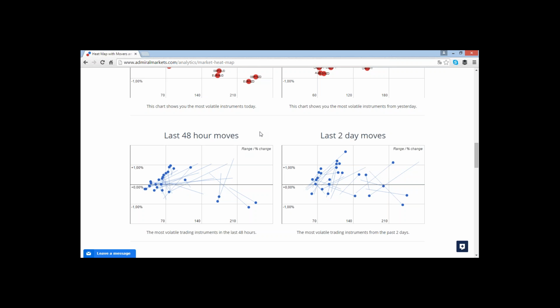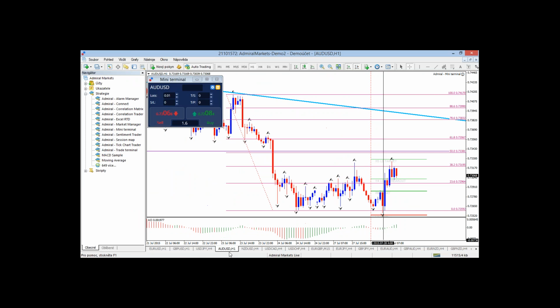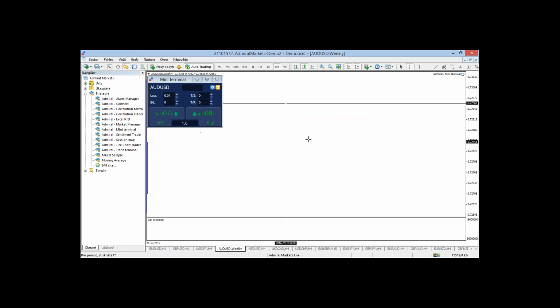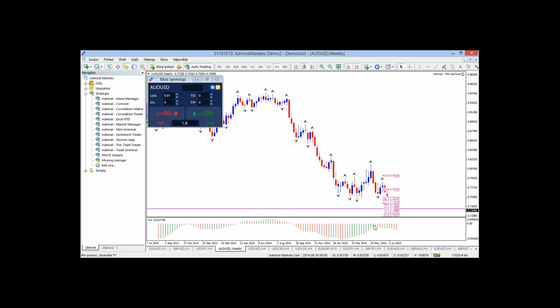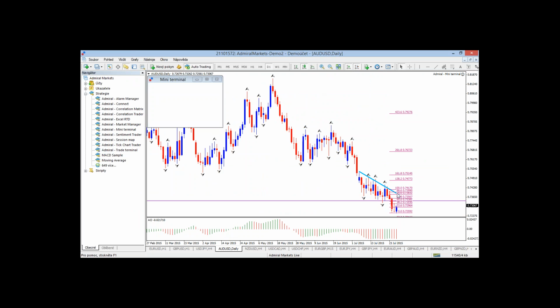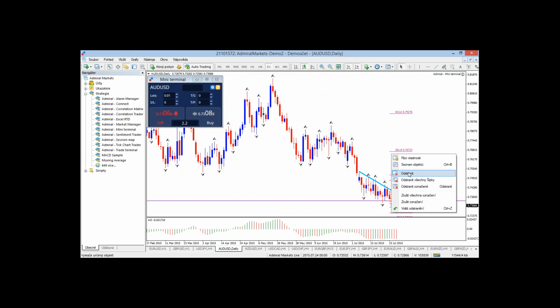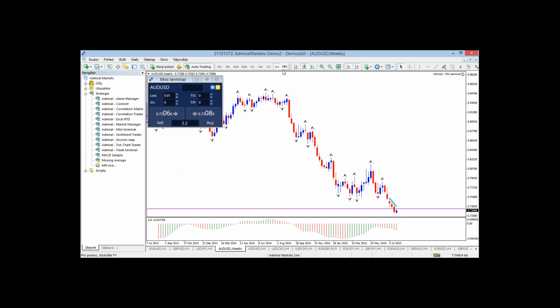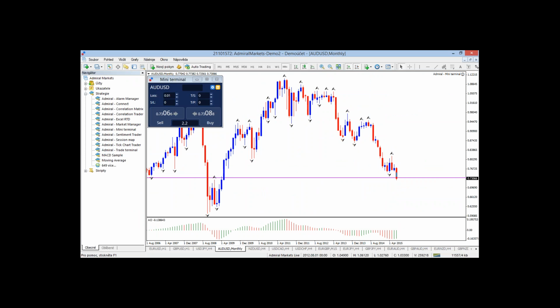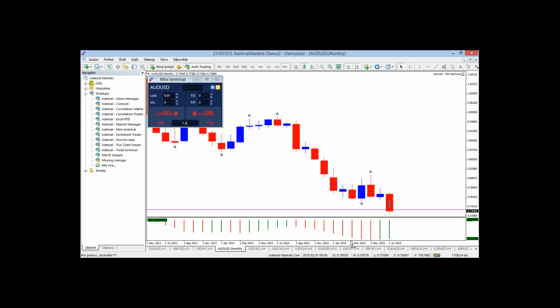Alrighty. Let's see. Long-term direction of Aussie dollar. There it is. Alrighty. Aussie has the long-term big downside momentum, big trend down.